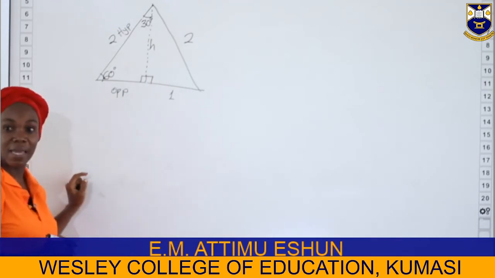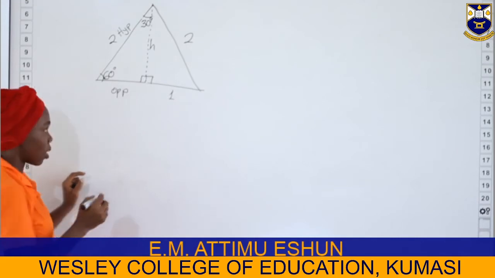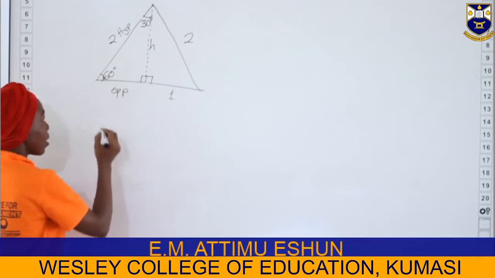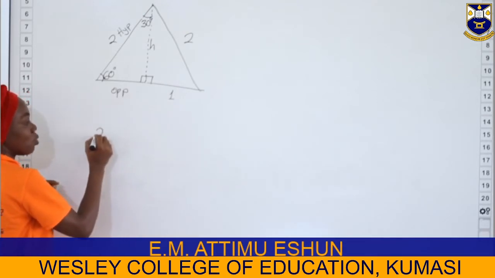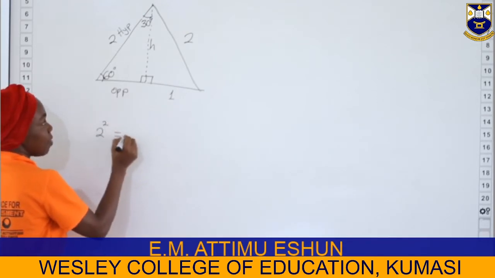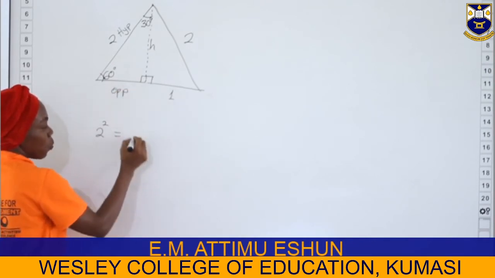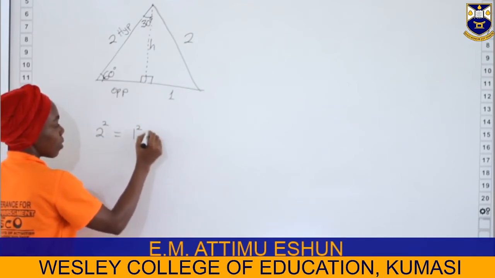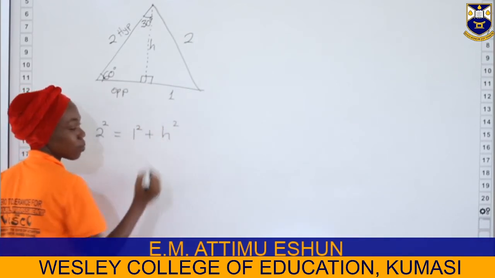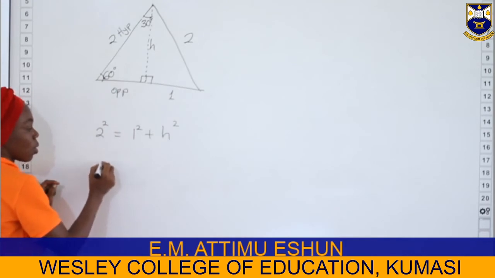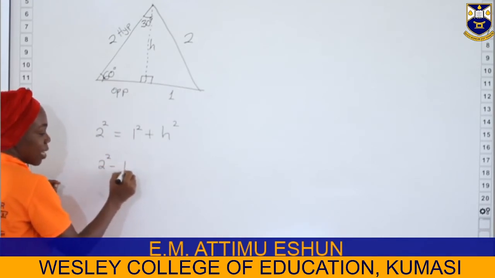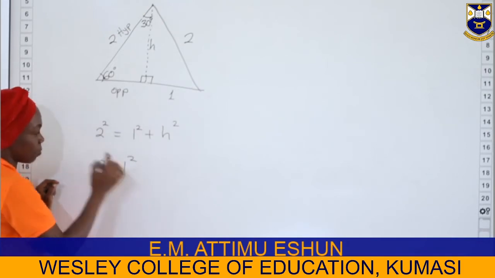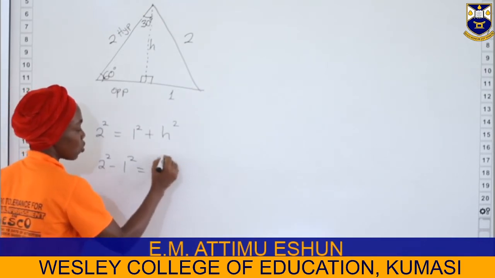How do we find the length of the height of that triangle? We would go with Pythagorean equation, and that will give us the hypotenuse side 2 squared must give us the opposite side, which will be a length of 1 unit, 1 squared plus h squared. And so 2 squared minus 1 squared, because we are transposing the 1 squared here to the left, will give us h squared.